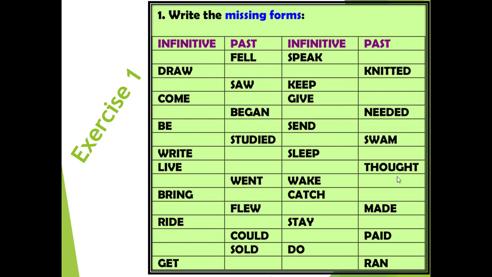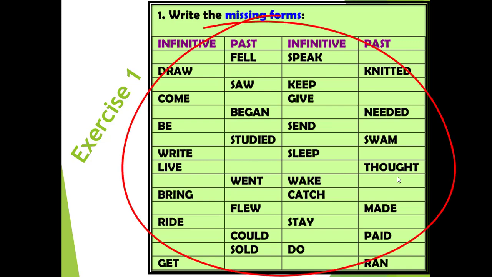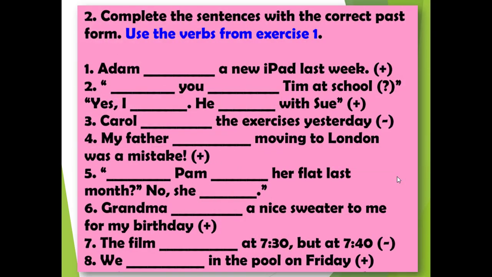And after you finish this exercise, you're going to use these verbs here to the exercise number 2. For example, Adam a new iPad last week. So you have to take the verbs from the chart that was before and fill in the blanks in this exercise.